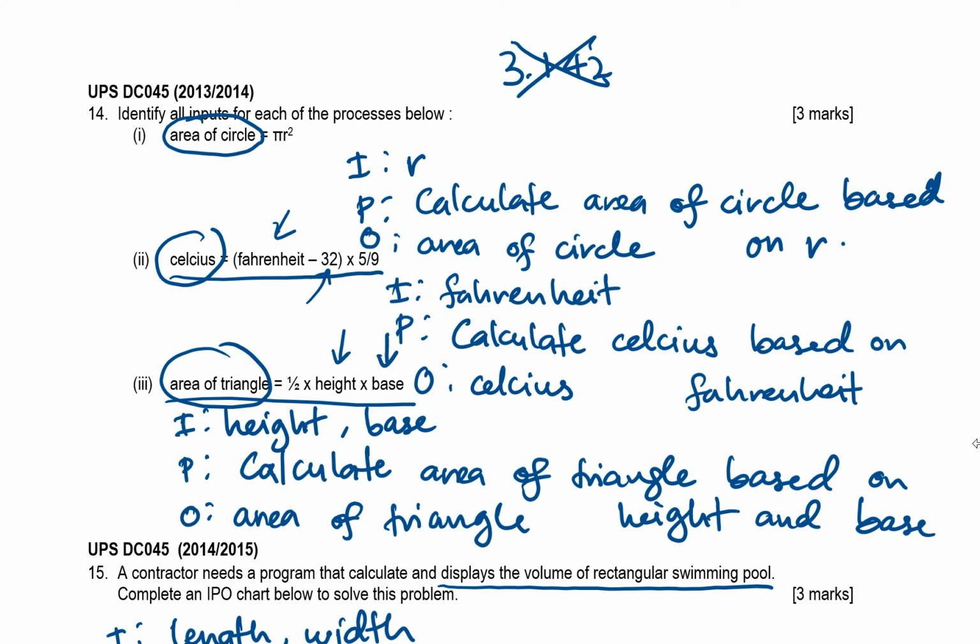So your input is only R, because if you want to get the area of a circle, how many times do you need to enter the radius R? Only once, isn't it? For example, the radius is 10. When I enter radius is 10 and press enter, I will get the area of the circle. Do I need to enter the radius 10 twice? No. So that's why your input is R, right? Okay, that's all.